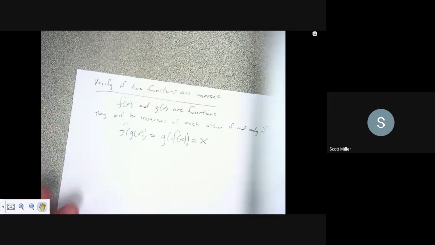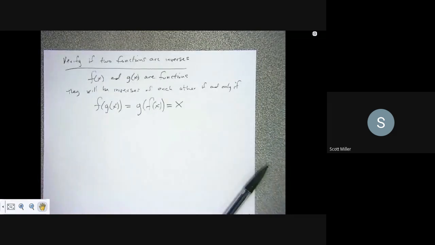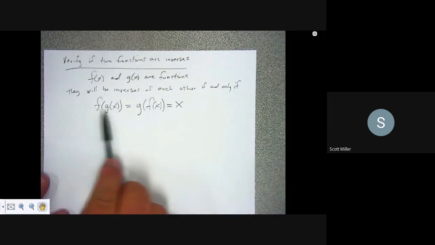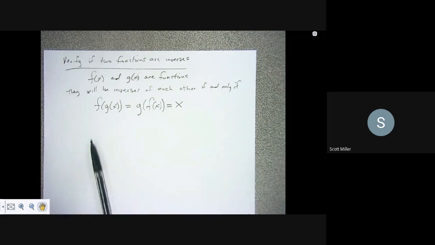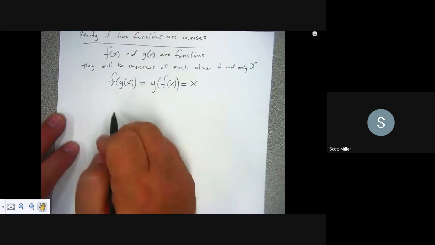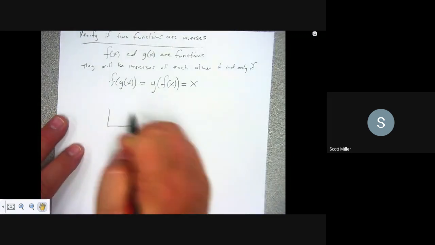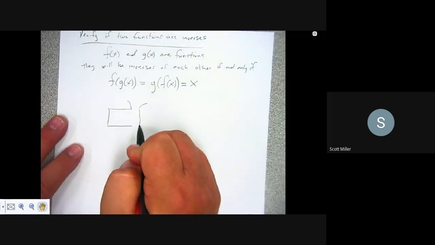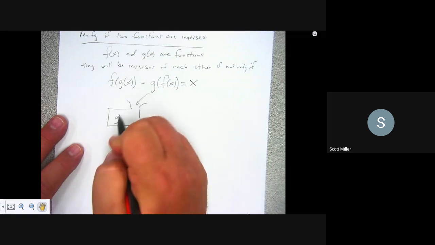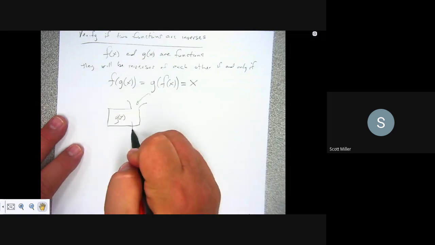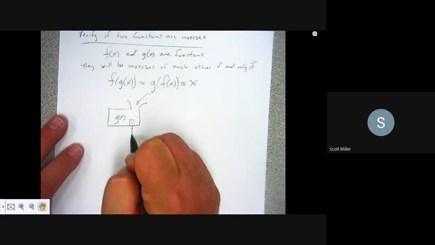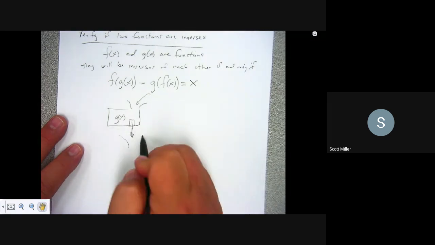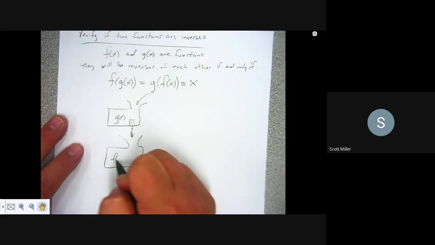Okay. Another reason is this. When we do composition and they're inverse functions, remember the little factory we had, right? I drop a number in here, g acts on it, it comes out over here, and then drops into the new factory for f.